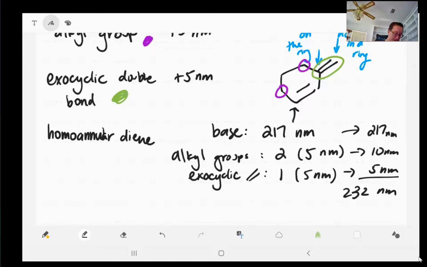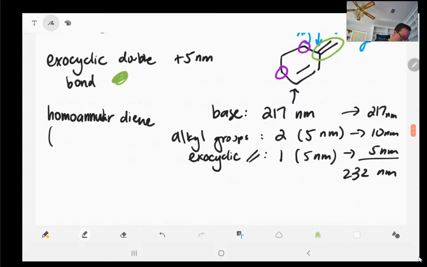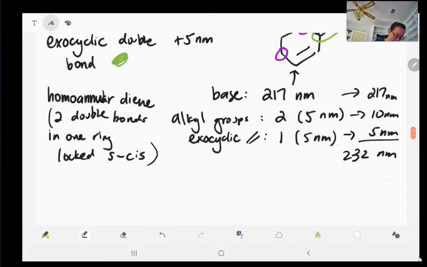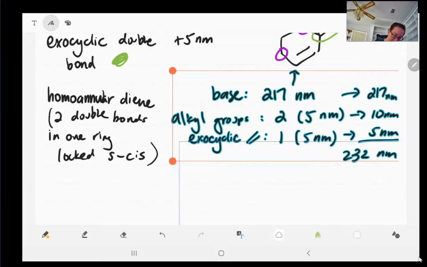So this means that we have 2 double bonds in one ring, locked in S-cis. It's locked as S-cis. I'm going to move this somewhere else. I'm going to just move this down a little bit.